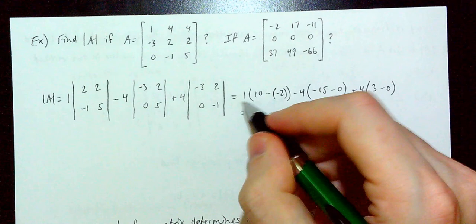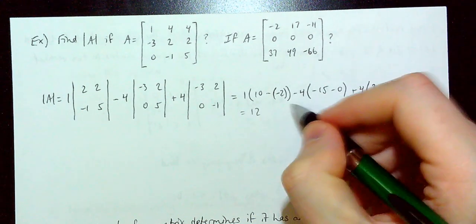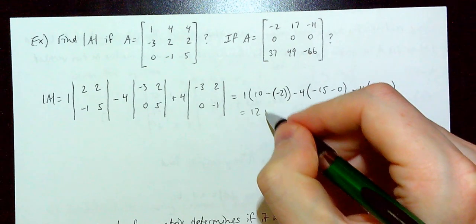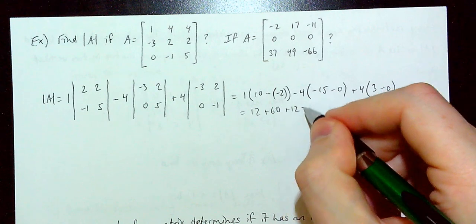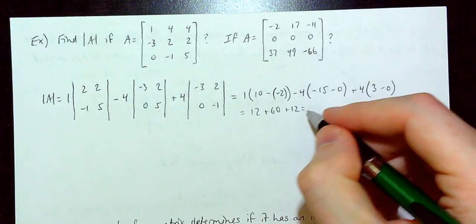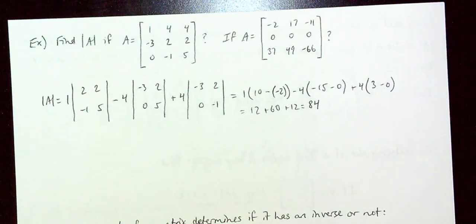So this is 1 times a positive 12, a negative 4 times a negative 15 is plus 60, and then plus 4 times 3, and 60, 12, and 12 gives me 84. So there is the determinant of this first matrix.